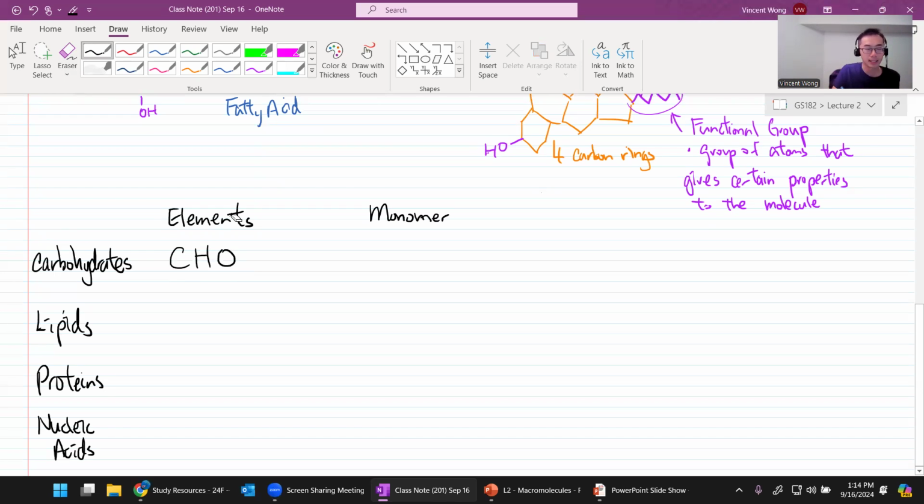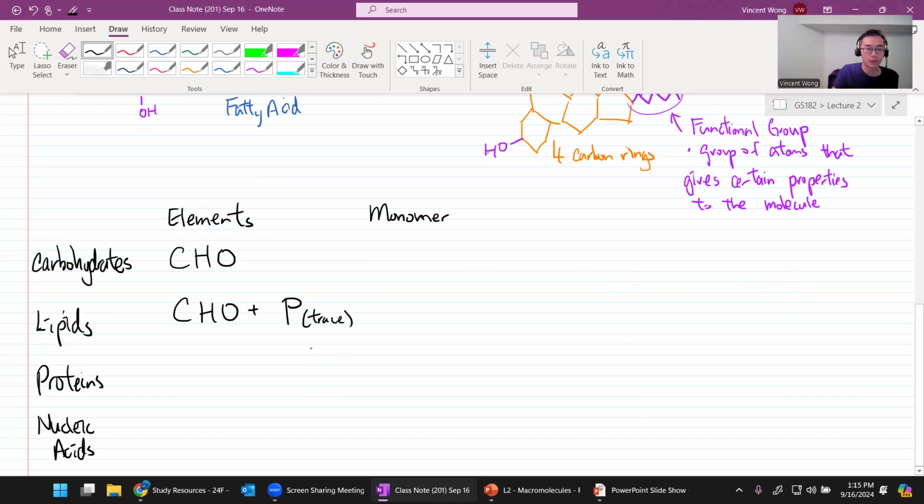A lot of people are writing it in the chat as well. So CHO, very good. What about lipids, guys? It's the same thing, plus a little bit of P. Very good. Not phosphate, but phosphorus. Phosphorus is just P. Phosphate is PO4. Your chem teacher will explain the difference, but this is trace. I'm glad we are making this table because a lot of you probably could use a summary.